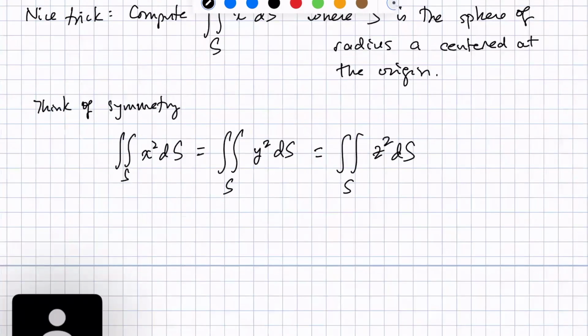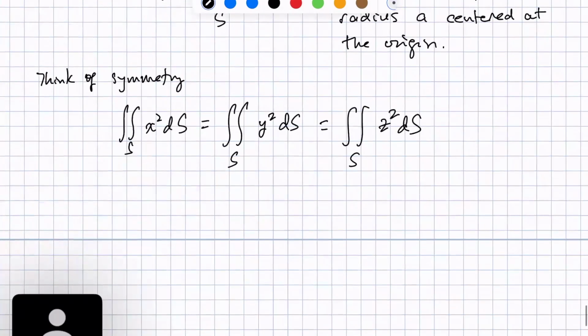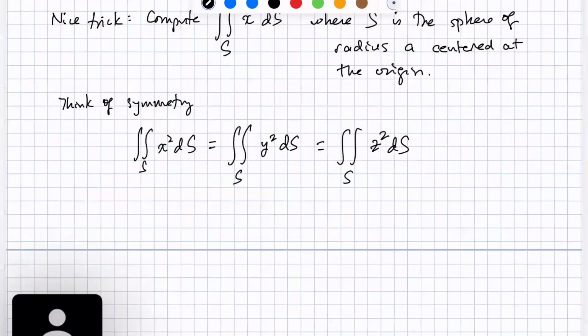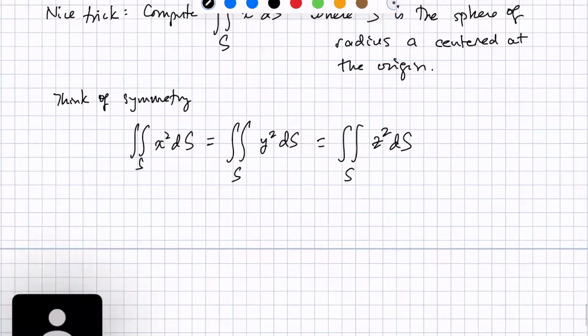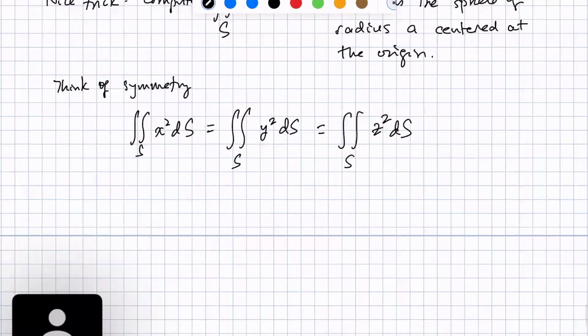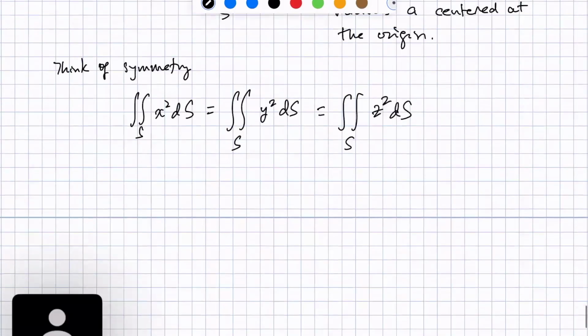And similarly, when I replace x with z. So these three terms are actually the same. We're on a sphere, and the roles of x, y, and z are pretty much identical. If I replace one with another one, I don't really change the value.